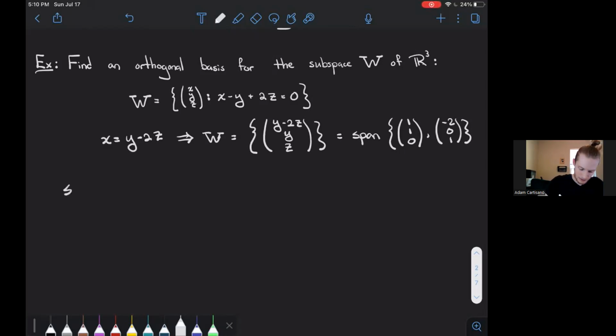So suppose x, y, z is orthogonal to, we'll do the first one, 1, 1, 0.